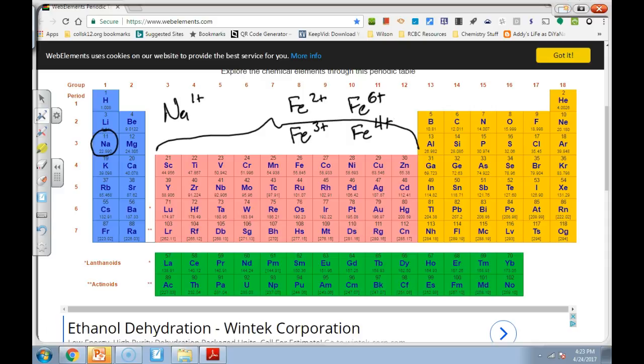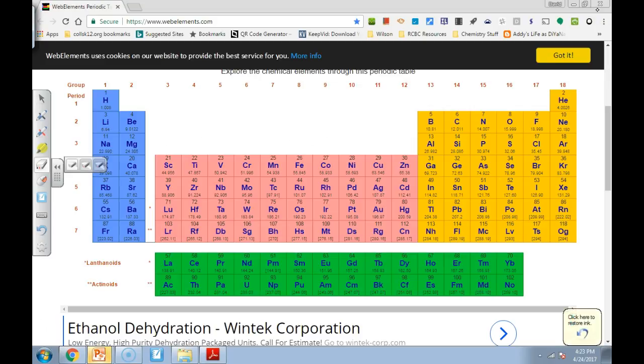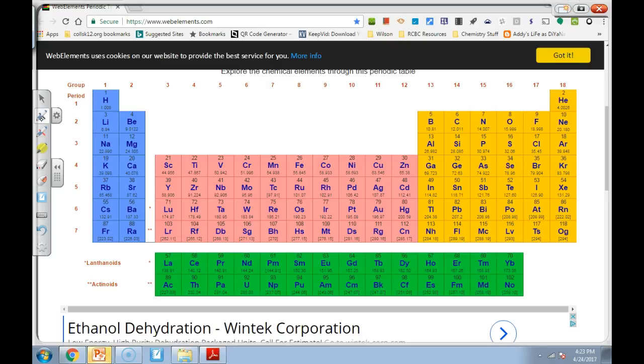If we're going to try to determine what the charges are, we have to remember a little something about electron configuration. At the very minimum, the transition metals occupy the D elements, and the electrons occupy the S elements.